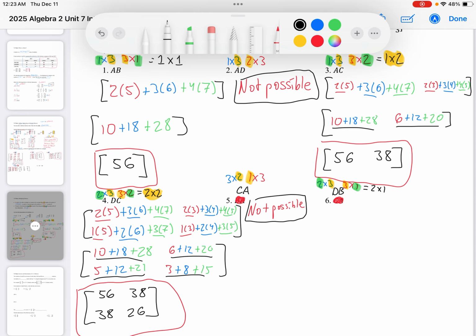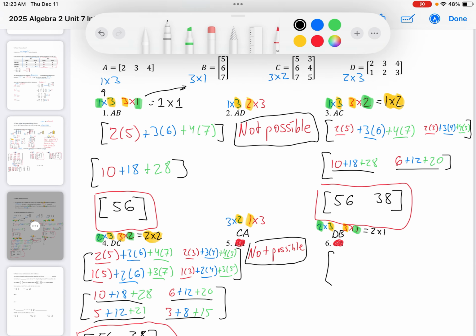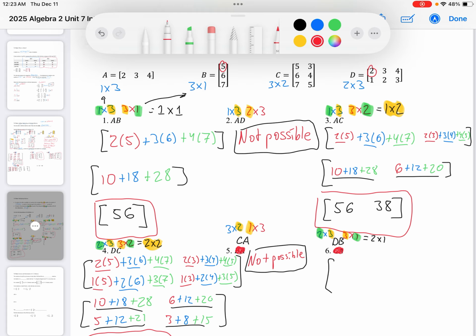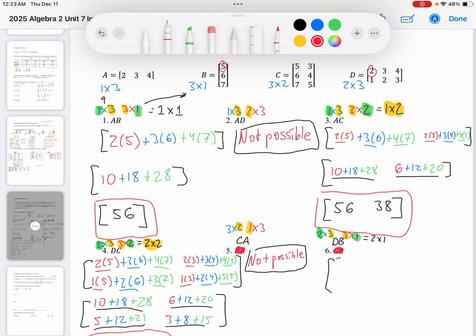First, we are going to be looking at the numbers from the first row of matrix D. So that would be the 2, and multiplying it times the first number from matrix B, which is 5. So we would start with 2 times 5. Then I would go on to the next number in the first row of matrix D, times the number in the first column, well, the only column of matrix B. And so this would be plus 3 times 6.